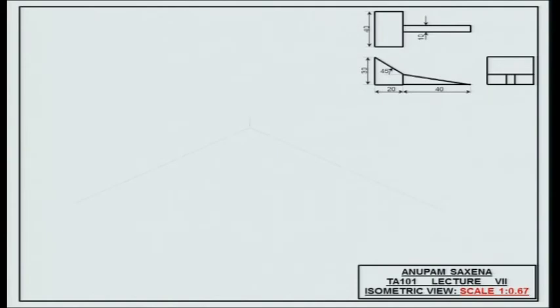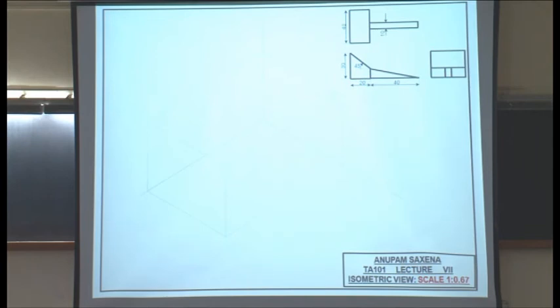XZ. Okay. So the trick in drawing isometric views is to identify 3 different planes distinctly and work on these planes. Okay. From now on, I will not utter a word. I will just have you see what is going on.